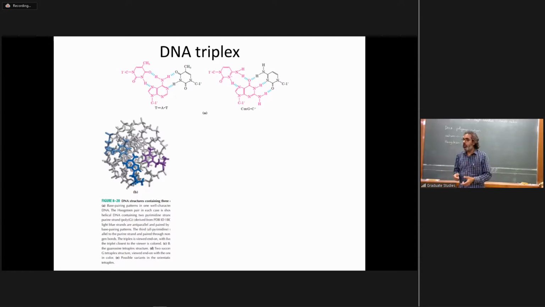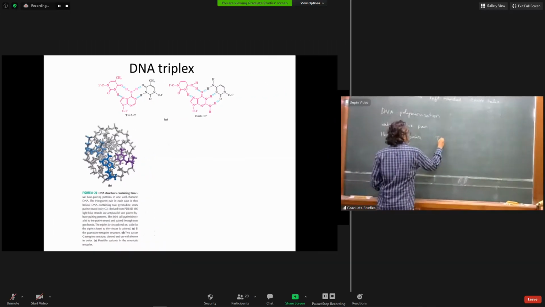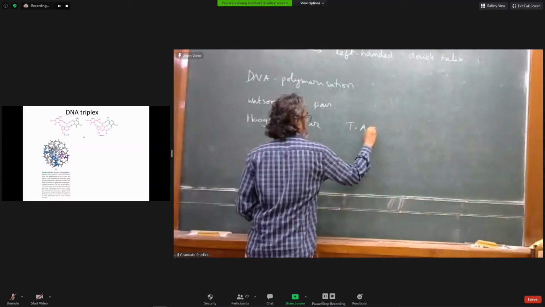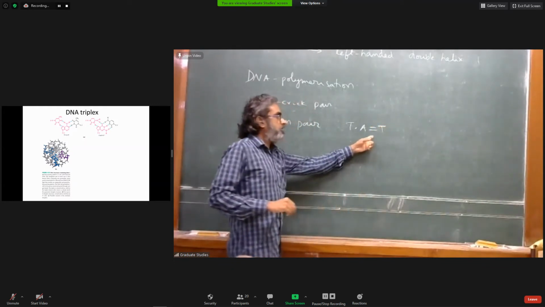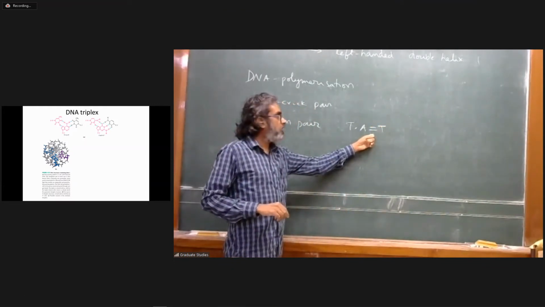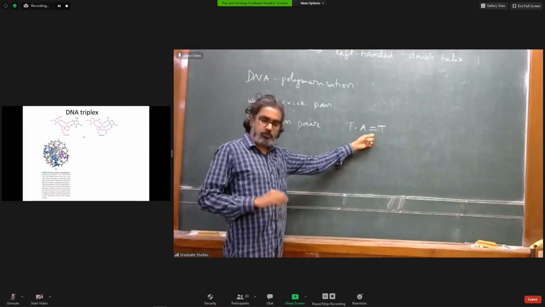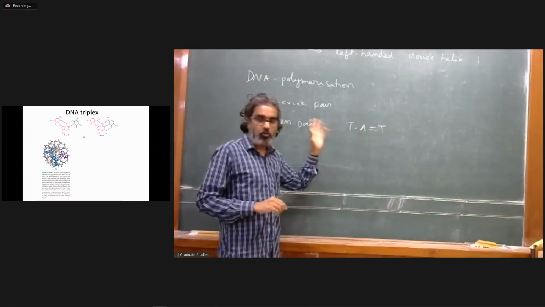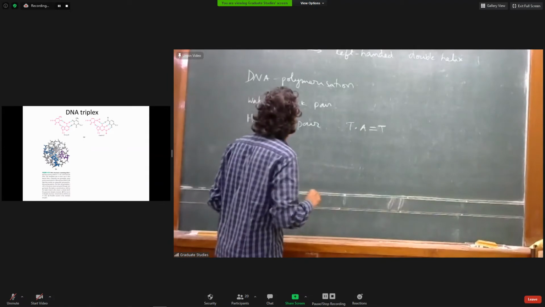Okay. And similarly, the example shown on the right side is for T. Typically the nomenclature is that if you write this double bond sign, that's the Watson-Crick pair, and typically a dot is put just to differentiate the Hoogsteen pair.